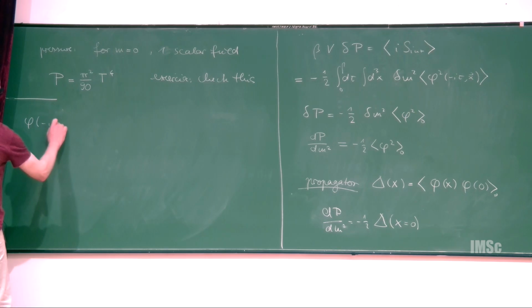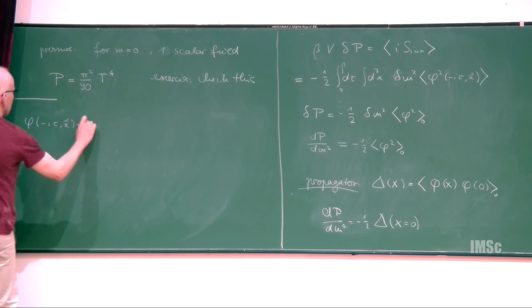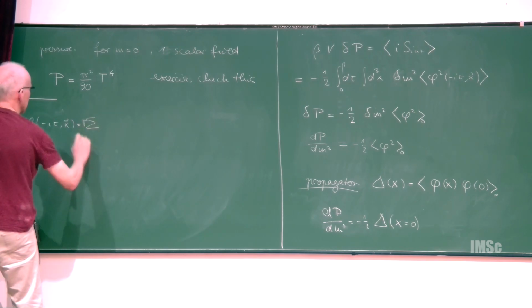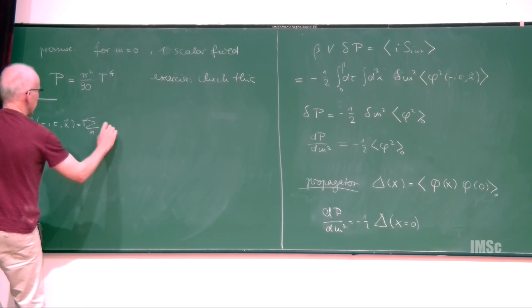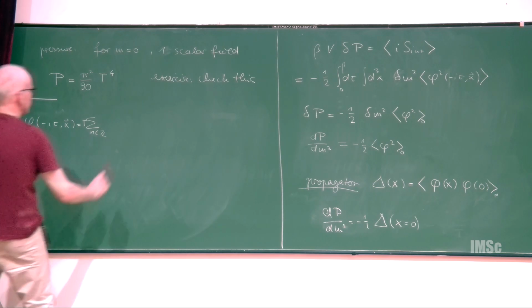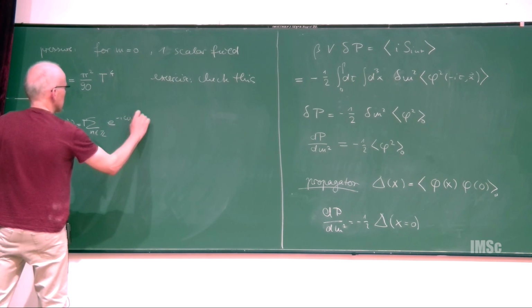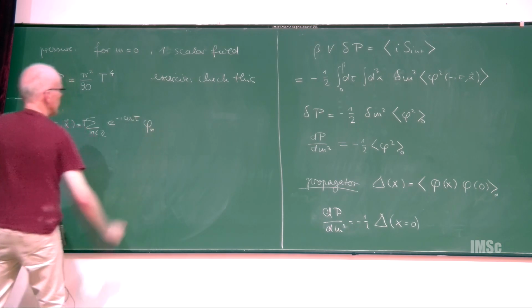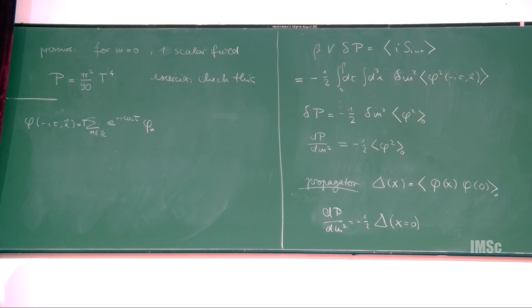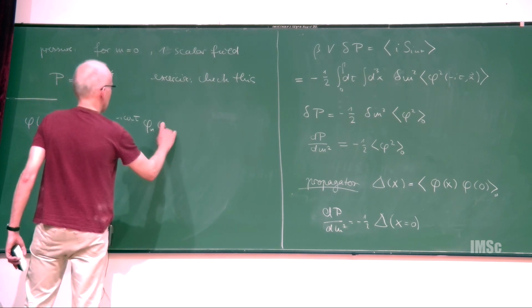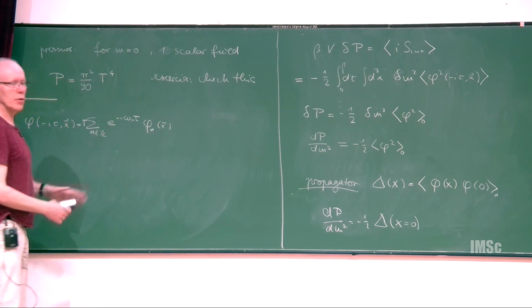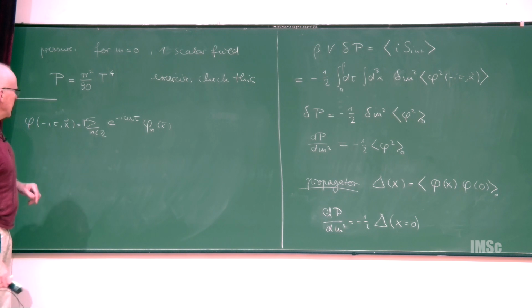So phi of minus i tau, x is T, the temperature, times the sum over n over all integers of e to the minus i omega n tau, and then fields phi n which only depend on space. It's like a Fourier series in time.